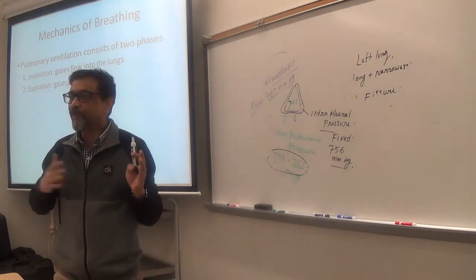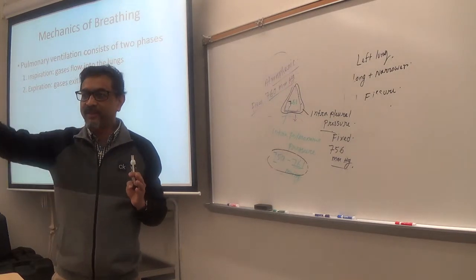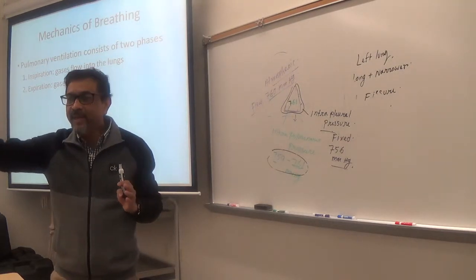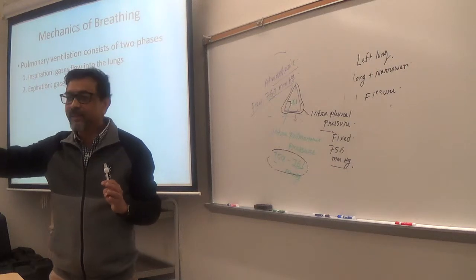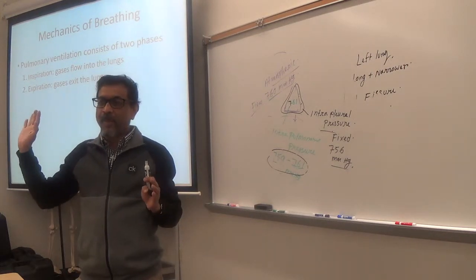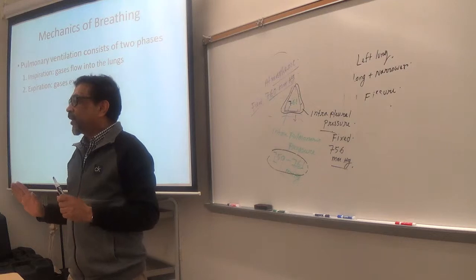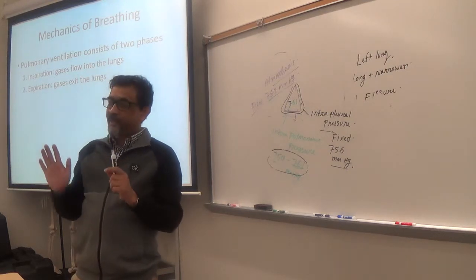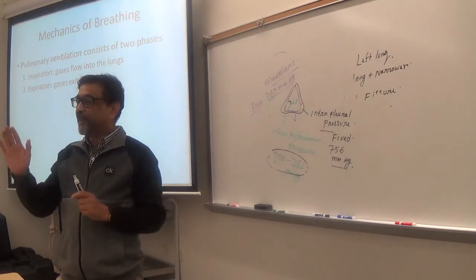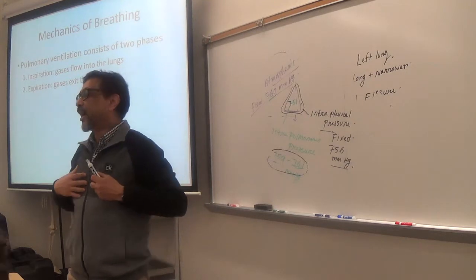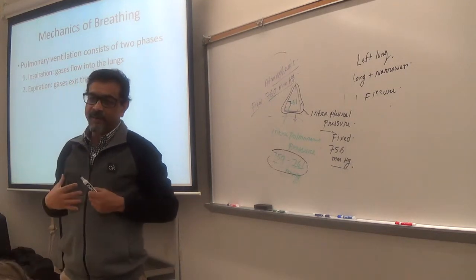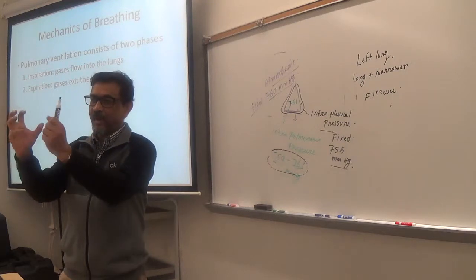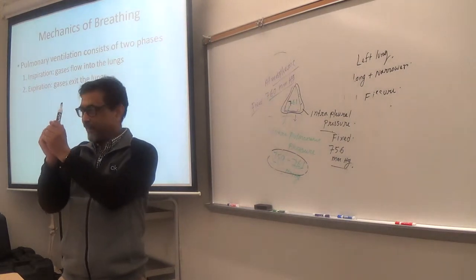Make sense? Pressure around the lung is always less. How much less? -3 to -5. Okay? So, that negative pressure inside the pleural cavity keeps the lung expanded and prevents the collapse of the lung. Prevents what?